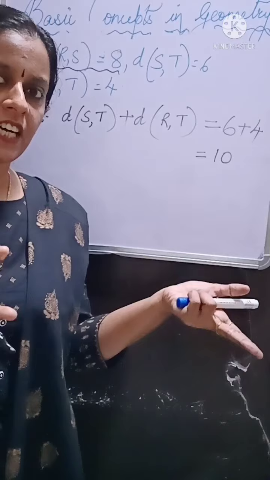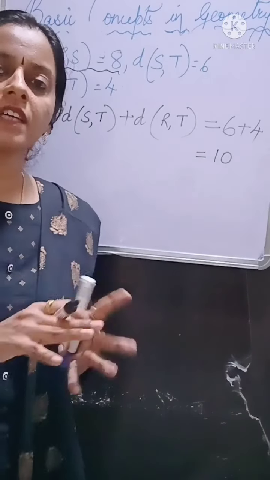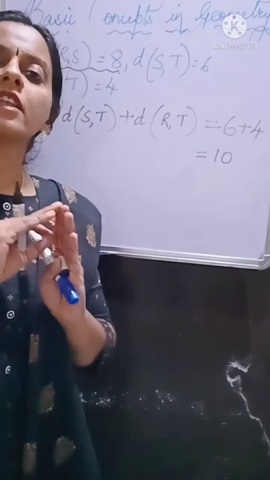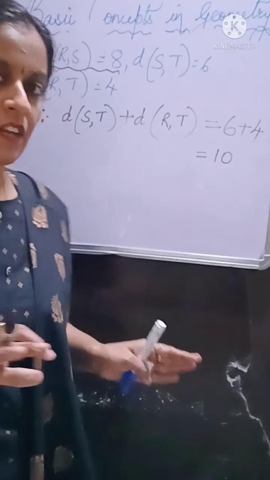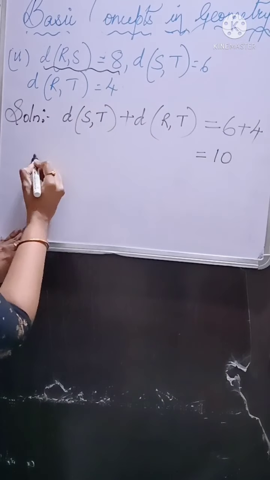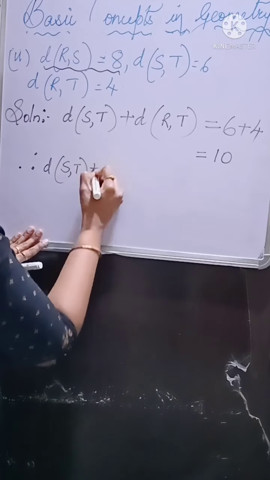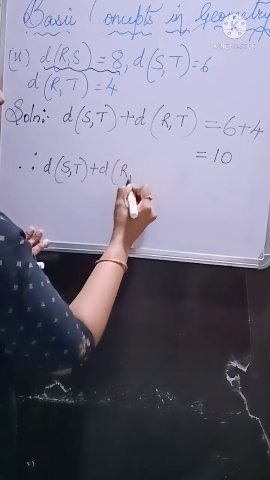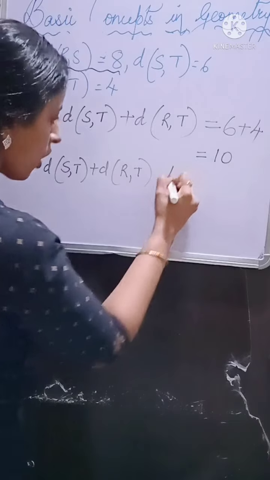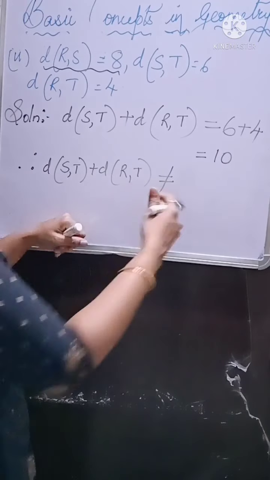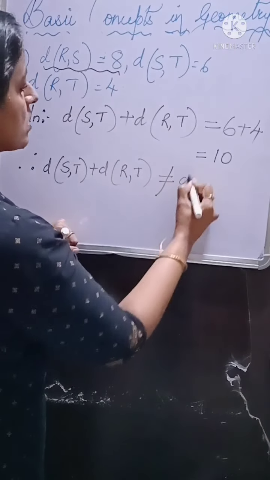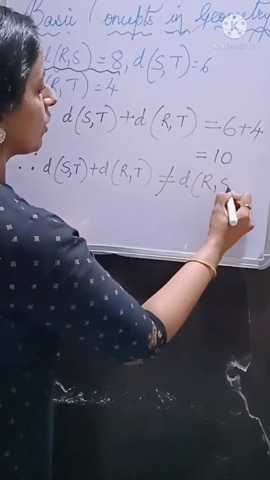We are not getting the correct answer. That means here there is no betweenness. The points are not collinear. So how will you write that step? Therefore, distance between S comma T plus distance between points R comma T is not equal to distance between points R comma S.